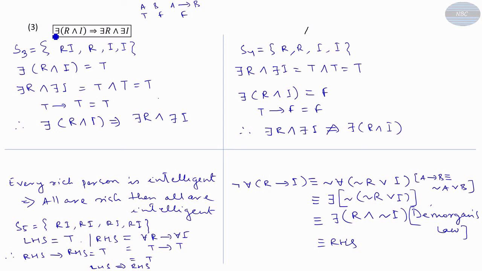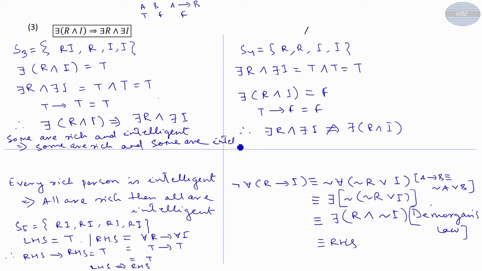Some are rich, this particular left hand side: some are rich and intelligent, which is valid for some are rich and some are intelligent.